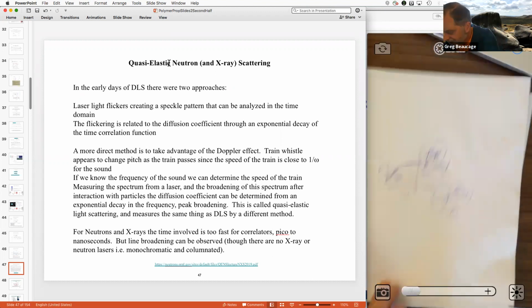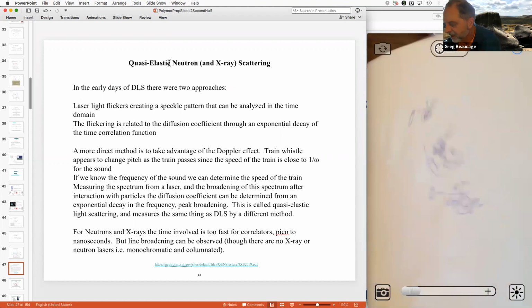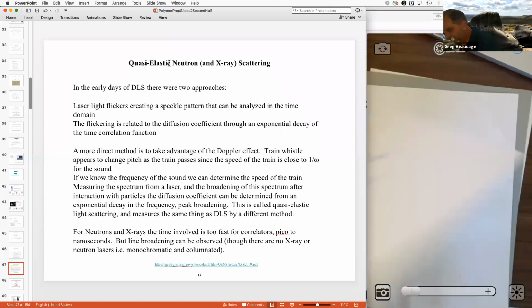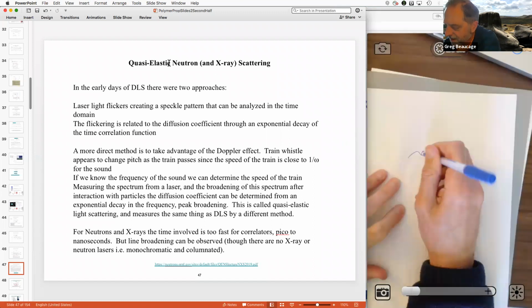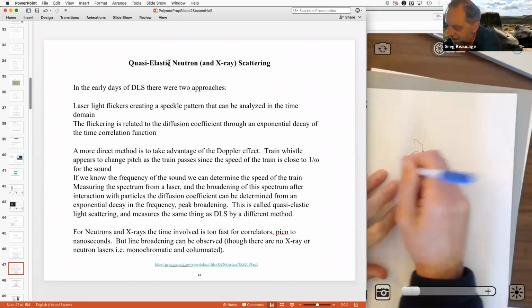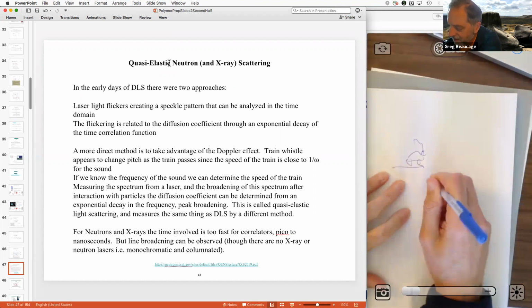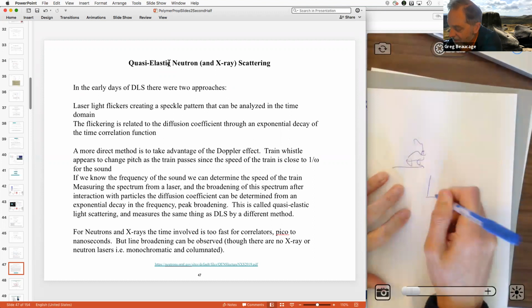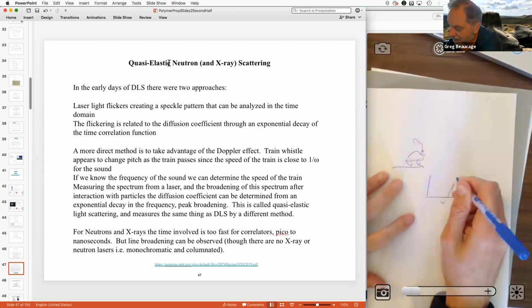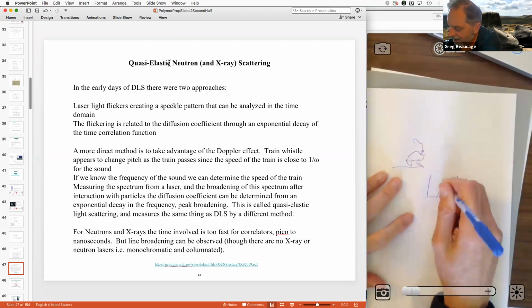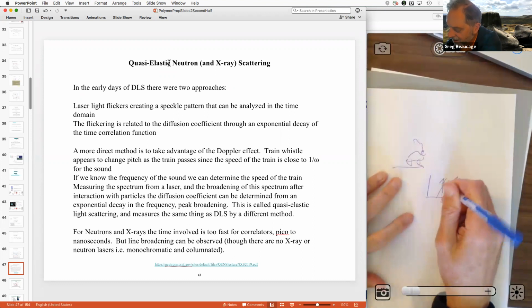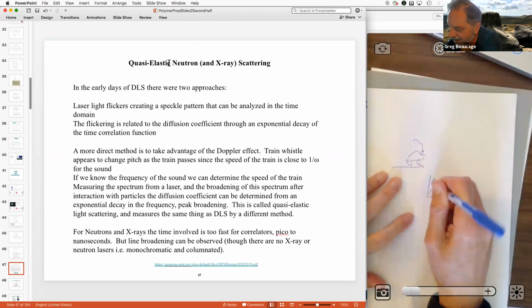With the Doppler effect, you have a train going by and it's blowing its whistle, and you hear a certain frequency. There's a frequency shift as it's coming. It seems to be a higher frequency. So you get that pitch approaching, and then when it's near you and then departing, it's a lower pitch as it goes by.